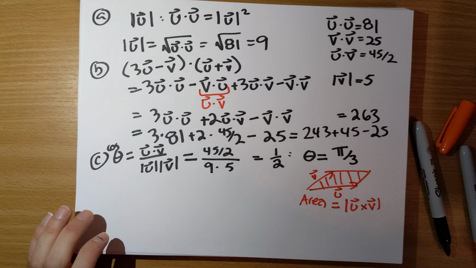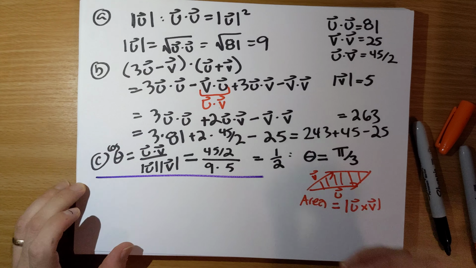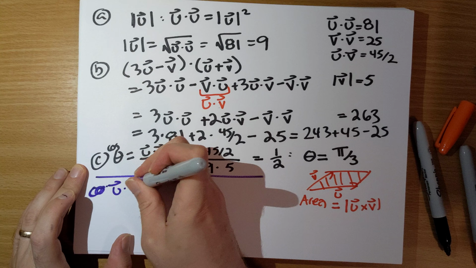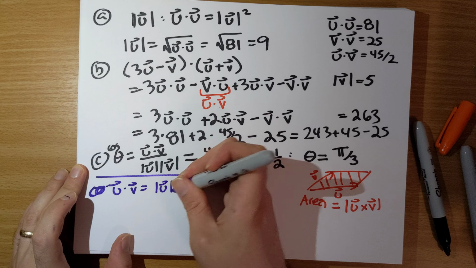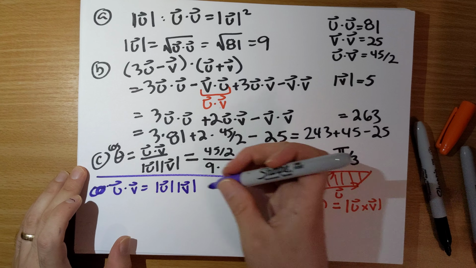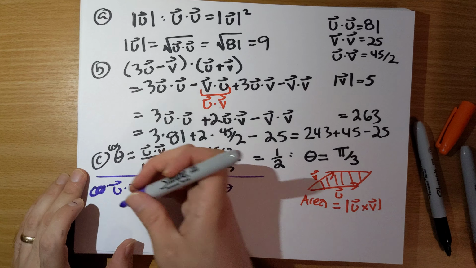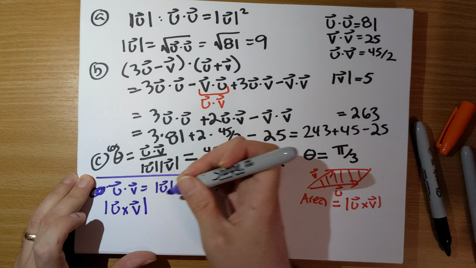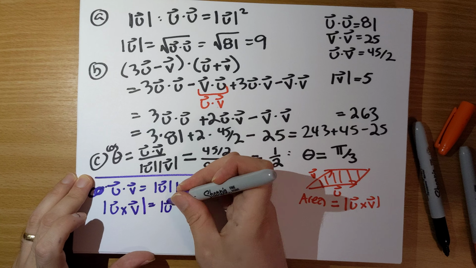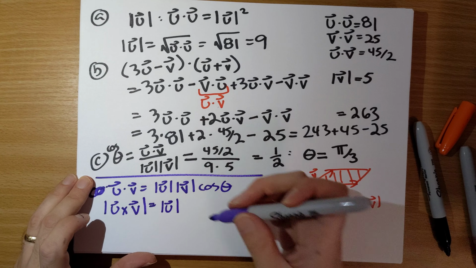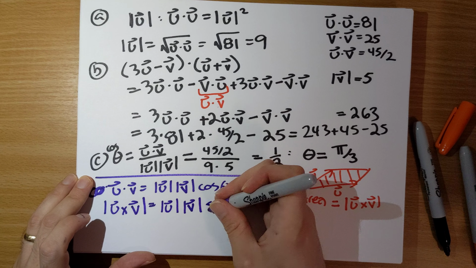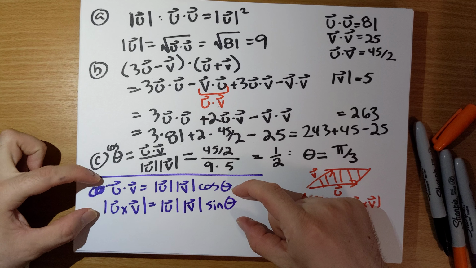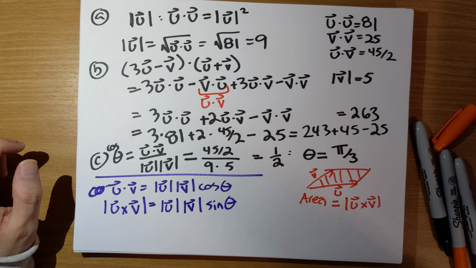There's a formula, just like we know that u dot v is equal to the magnitude of u, magnitude of v times cosine theta, the length of the cross product, the length of u cross v, is given by the magnitude of u times the magnitude of v times sine theta. It's good to know these two formulas, how they kind of work in parallel here.